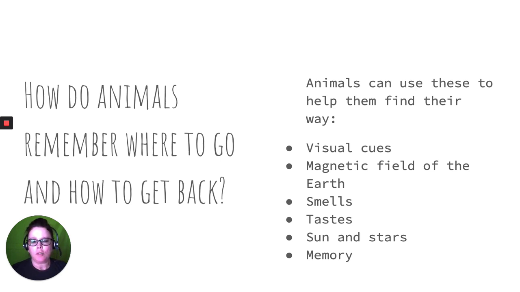Some of the animals use the sun and the stars as reference points to help them figure out where to go. And a lot of the animals also use their memory. So once they've gone their path for migration several times, then they have that built into their memory that they can use along with these other ways to find their way, to get to where they're migrating to, and to get back again.